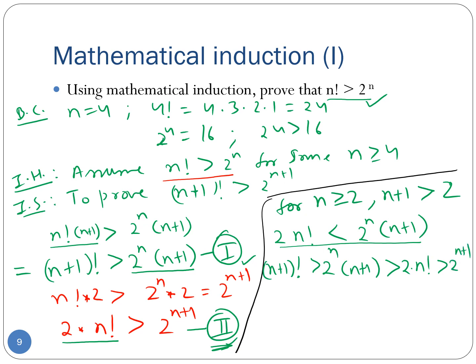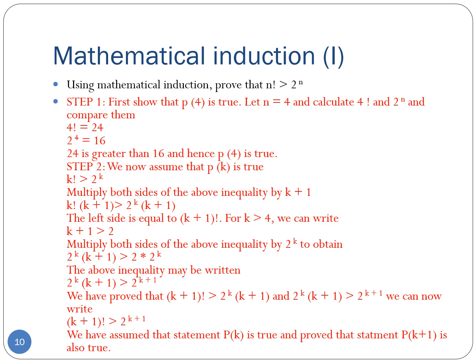So this implies that n plus 1 factorial is greater than 2 to the power n plus 1, hence proved. A similar proof for this result is also given over here on this slide.